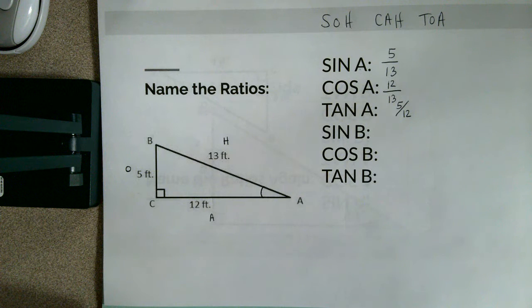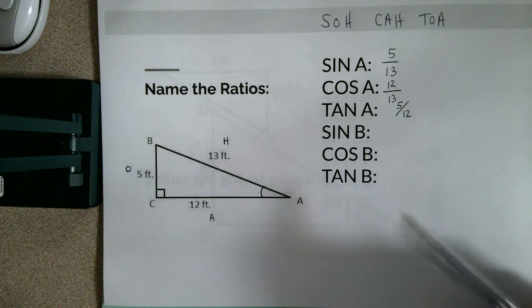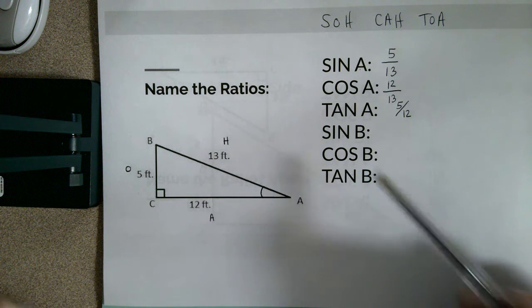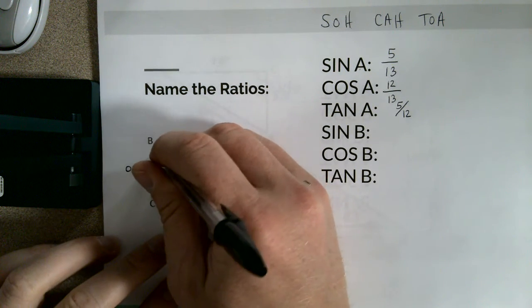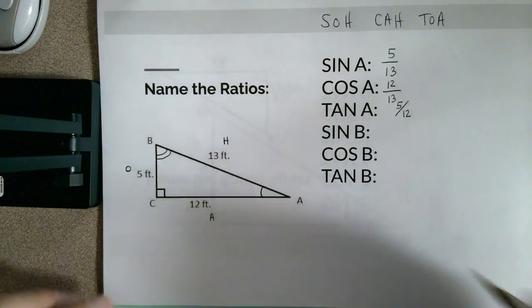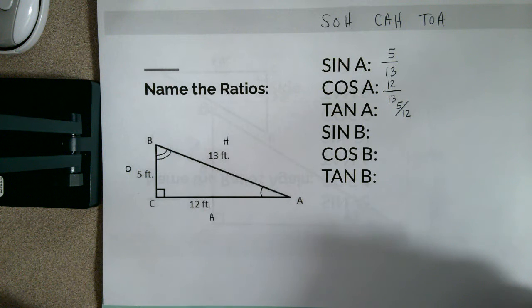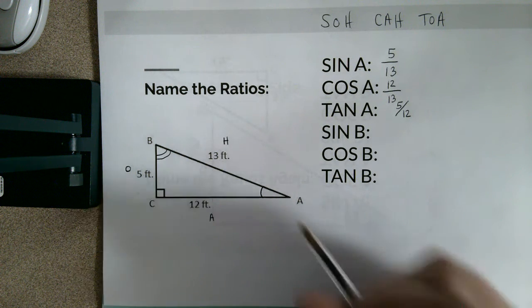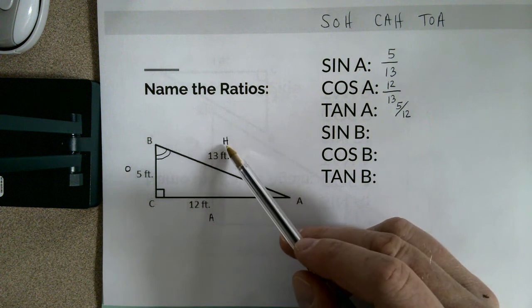Now, for angle B, I have to realize I'm focusing on a different angle. So now we're looking at angle B. That's going to change my opposite side and my adjacent side. Notice the hypotenuse will never change.